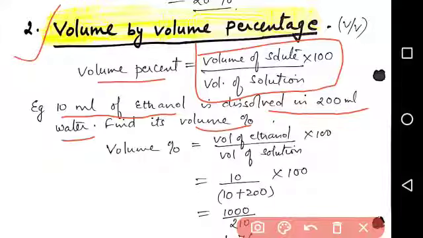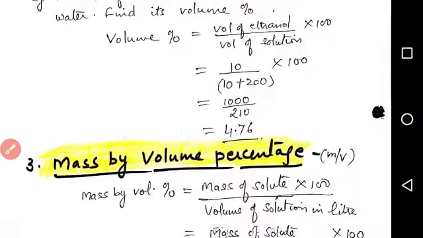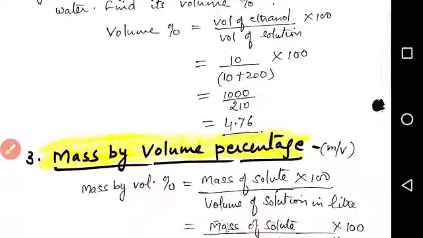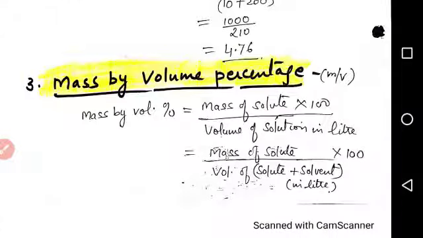So volume percent will be volume of ethanol upon volume of solution into 100. Volume of ethanol is 10 ml, whereas volume of solution is 200 plus 10, that is 210 ml, into 100, and this will be equal to 4.76%.